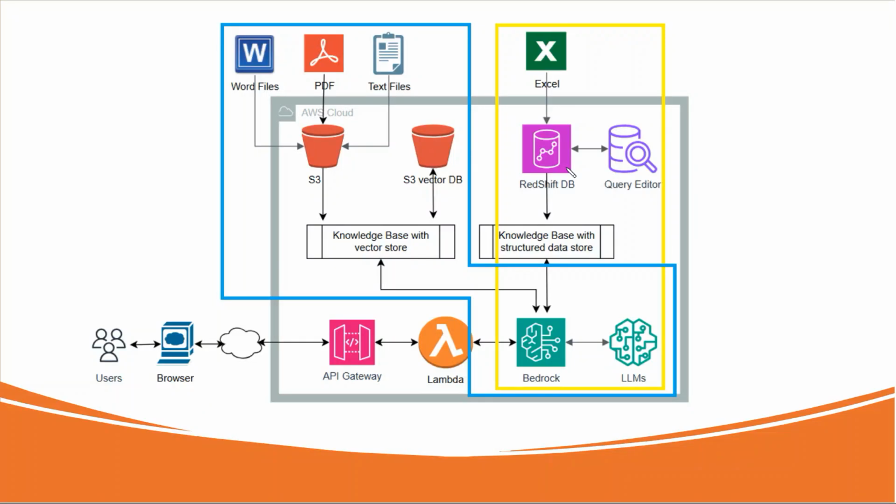Let us summarize what we did today. In this yellow box, we created the Redshift database, we created the table manually, and we created the data manually using the query editor. Then we created the component called knowledge base with structured data store using Bedrock, and we ran Bedrock using the LLM of our choice, Nova Pro, and it answered our questions based on what we saw.